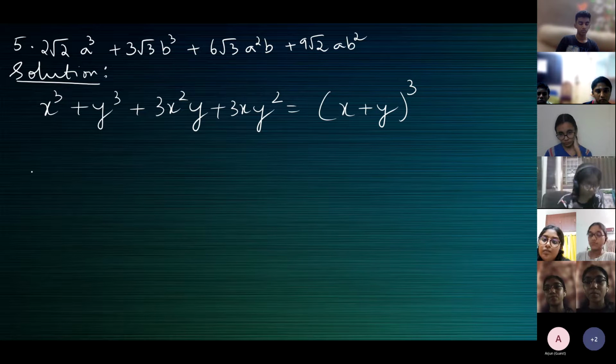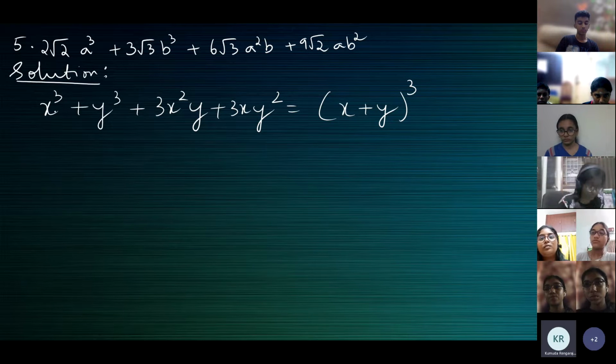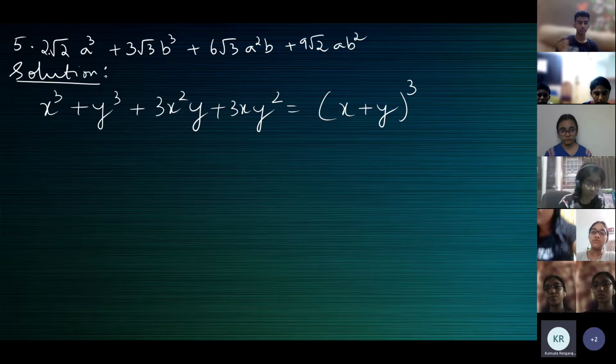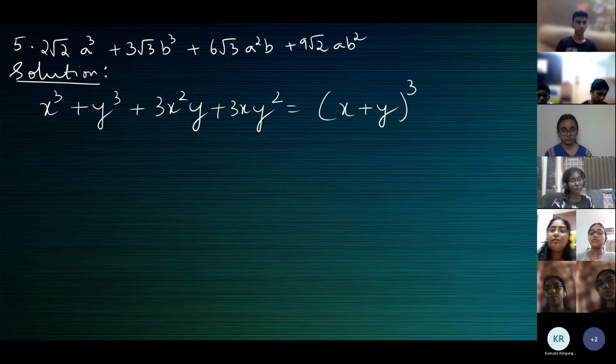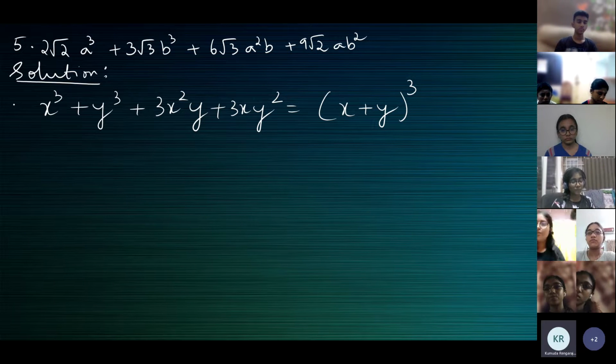See, there are 4 terms: 1, 2, 3, 4. And there are 2 perfect cubes, x cubed and y cubed. Here also there are 4 terms, and 2 root 2 a cubed is a perfect cube, 3 root 3 b cubed is a perfect cube. Now we are going to show that the given expression is really of this form.